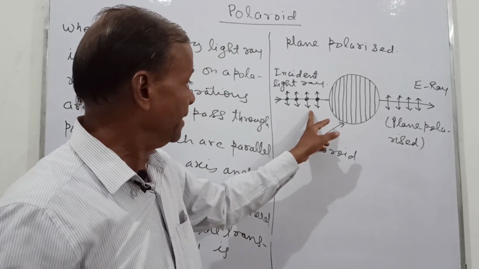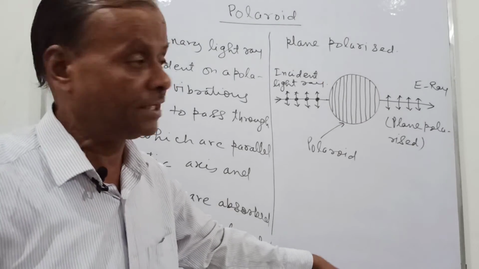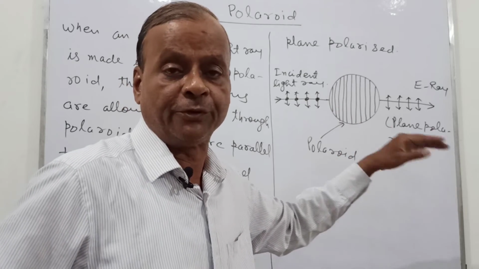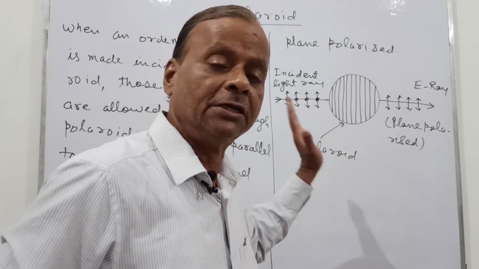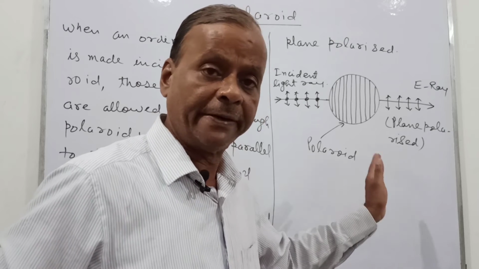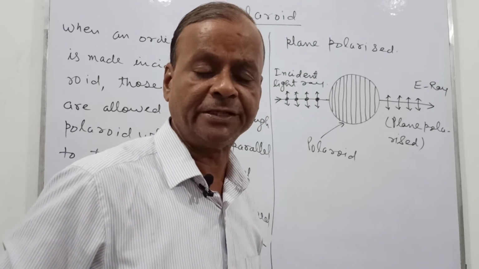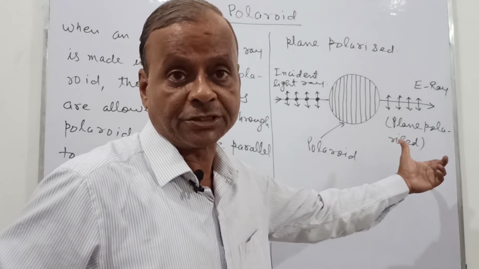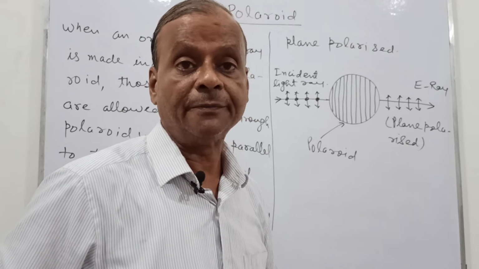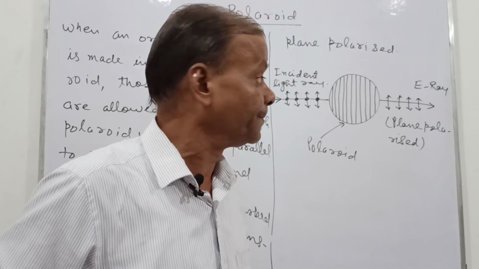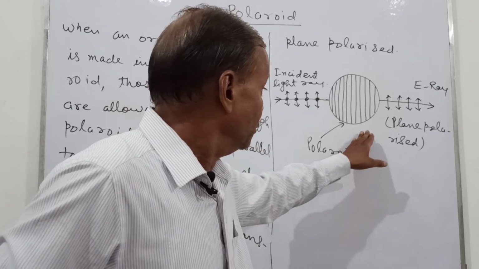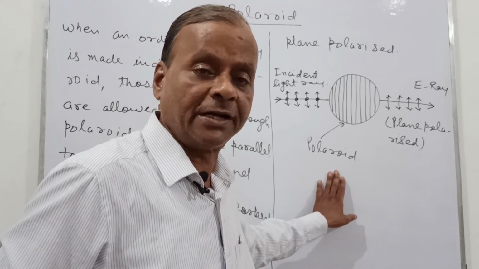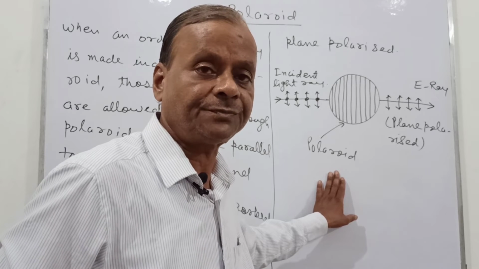So only the vibrations which are parallel to this optic axis are allowed to pass through it. I have shown you the arrow vibrations which are parallel to this one. If dot vibrations are parallel to this one, then they will pass, and arrow vibrations will be stopped or absorbed by the crystal. So the transmitted light ray is completely plane polarized, and when the unpolarized light is polarized by the Polaroid, it is called the polarizer.